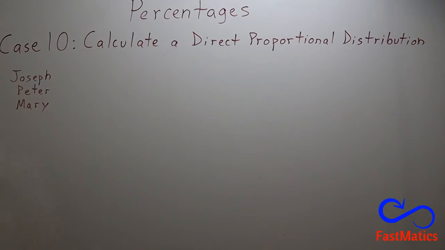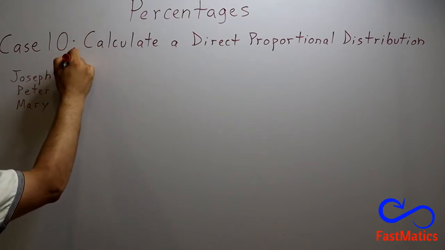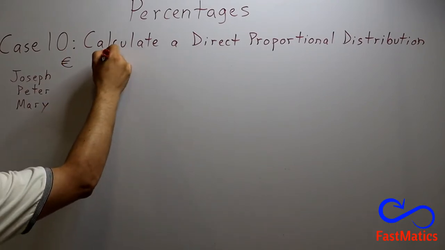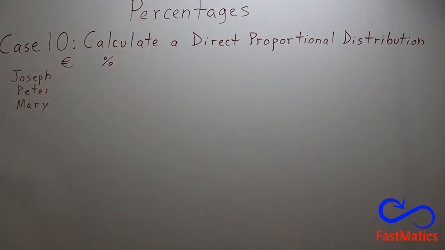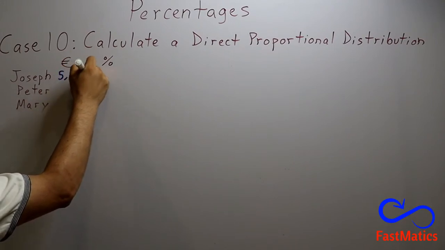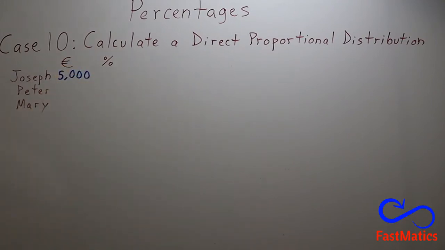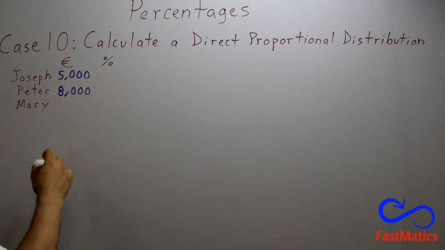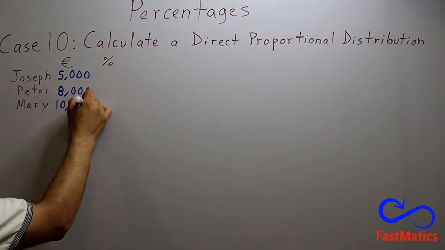But we're going to write what are the euros they invested, and also we are interested in percent. So first of all, we know that Joseph invested 5,000 euros, Peter invested 8,000, but Mary, the richest one, invested 10,000 euros.